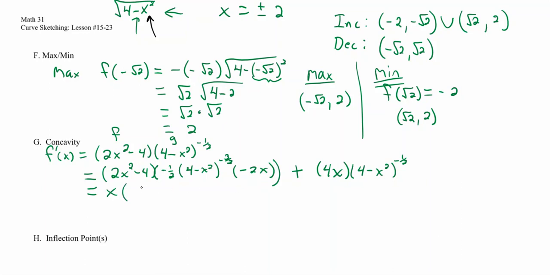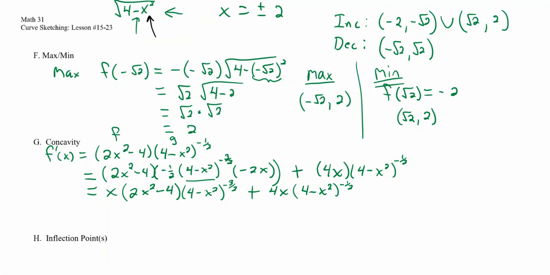So I would still have 2x squared minus 4, and then 4 minus x squared to the power of negative 3 over 2. And then left on this side would just look the same, so plus 4x times 4 minus x squared to the negative half.